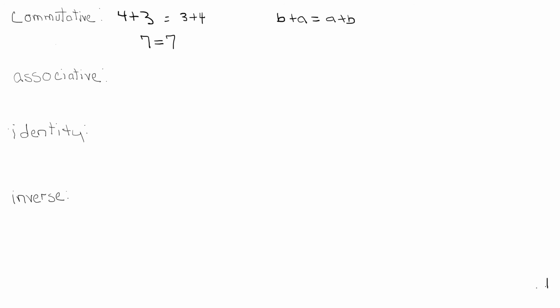For instance, if we had a 4 plus 3, we're grouping that together, plus 2, and if we have a 2 plus 4, plus 3. You see this here? This will not affect the sum because you get 9 over here and you also get a 9 over here. It does not affect the sum.